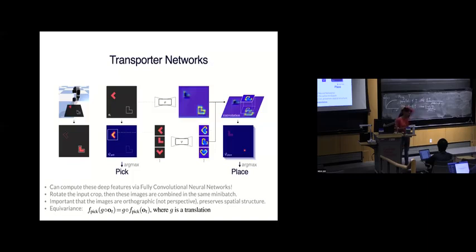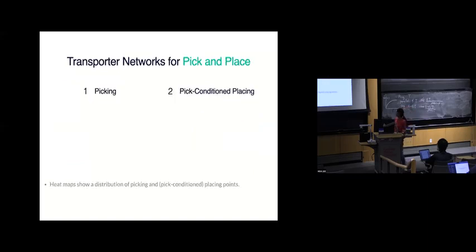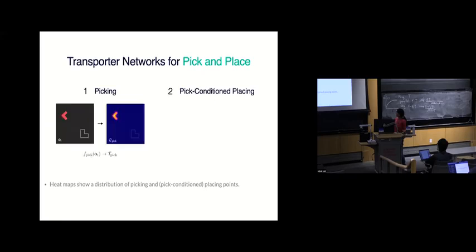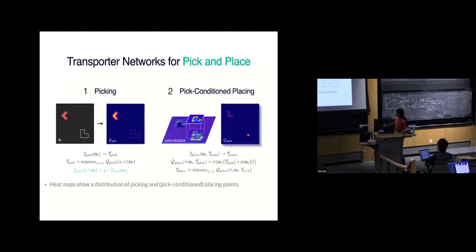Does this make sense? Okay. Yeah, so that's precisely also why we have multiple place heat maps, one for each rotation, okay? That's why you say a stack of heat maps.